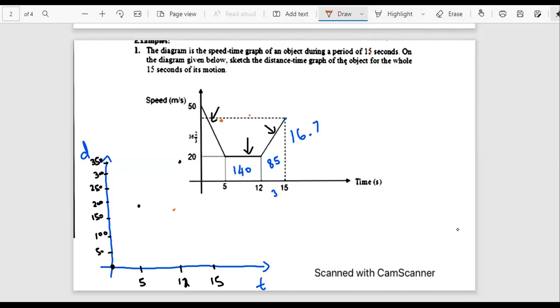Now for the first 5 seconds, the shape is going to be of this type. And when I have a horizontal line on the speed time graph, it means the distance would be traveled this way. We are going to have a straight line for this horizontal line.